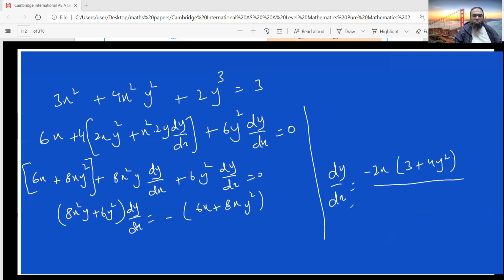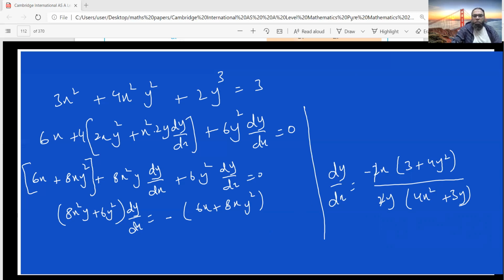You have a common from this: 2y is common from here. This is 2y into 4x squared plus 3y. And then you can simplify this with this. So that is how you will be getting the dy by dx while differentiating an implicit function.